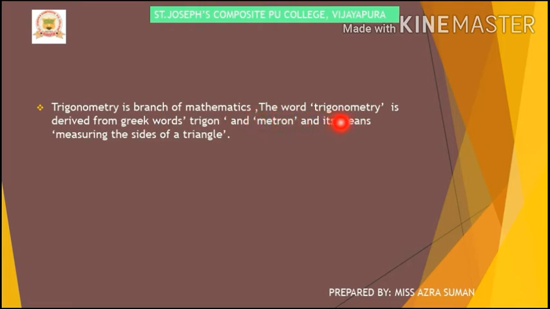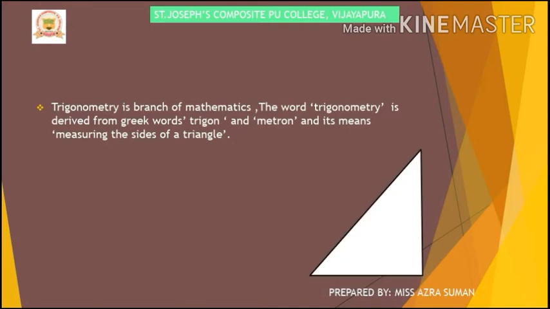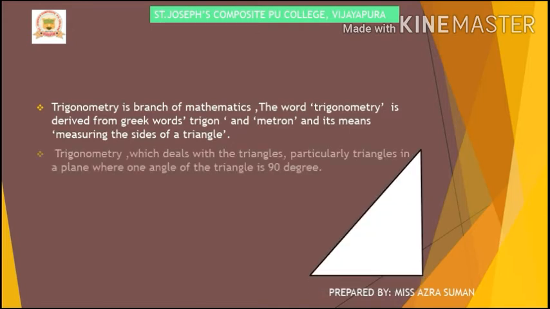The word trigonometry is derived from the Greek words trigon and metron, and it means measuring the sides of a triangle. Trigonometry deals with triangles, particularly triangles in a plane where one angle of the triangle is 90 degrees.